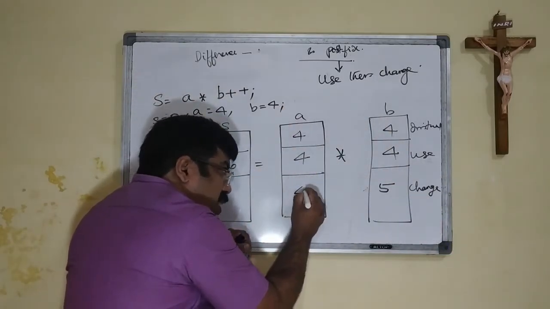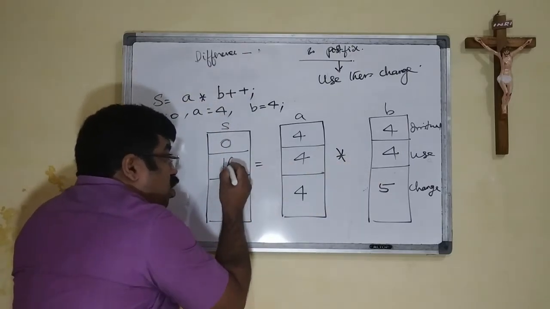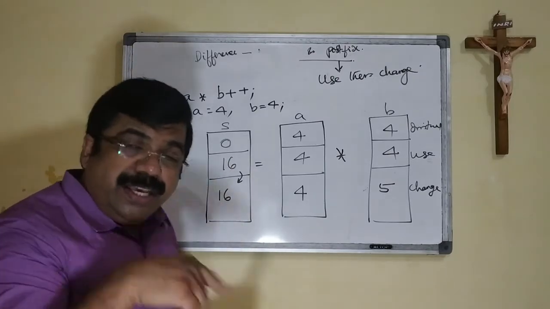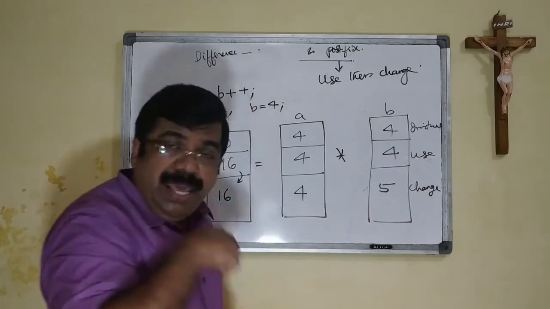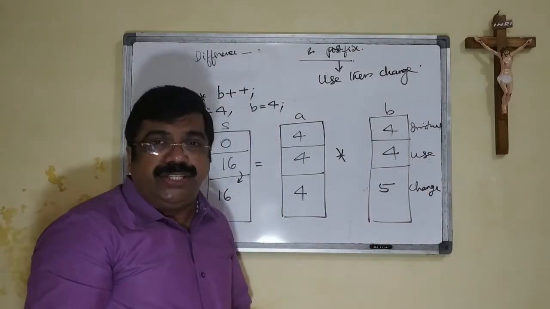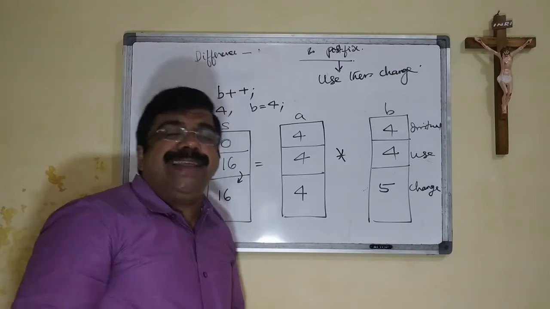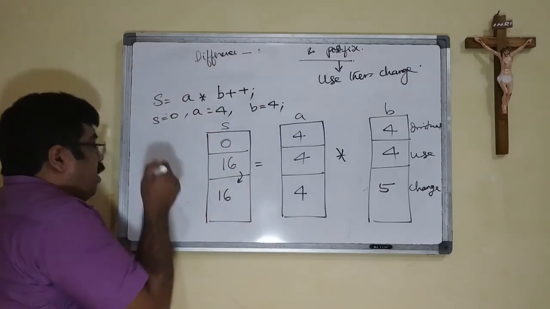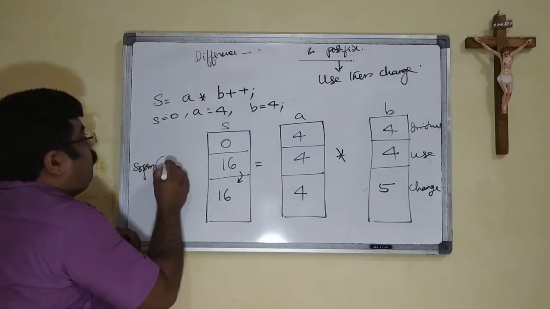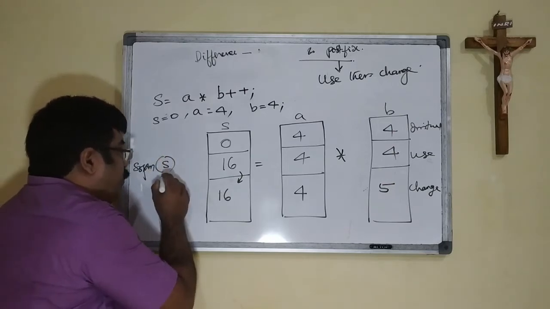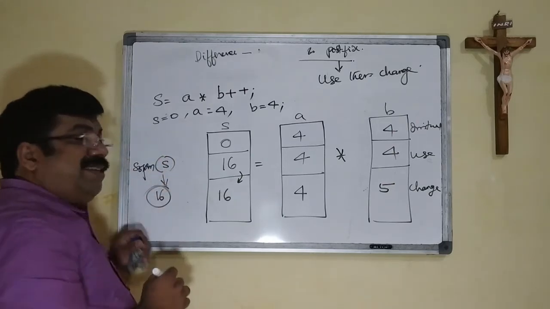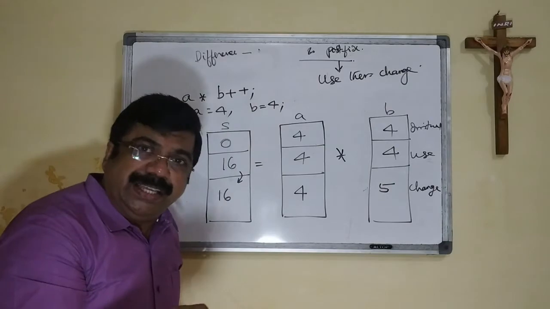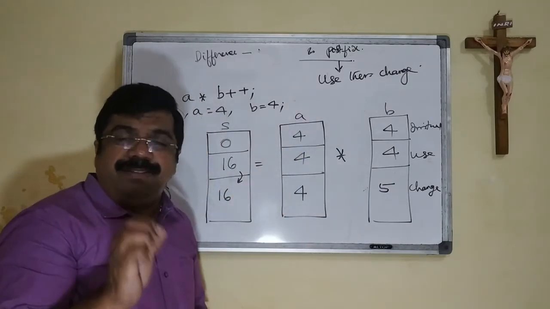This A will remain as it is and the result will remain unchanged, because it is already used, then it is changed. It will not affect the final result. If you give SOPLN S, the value of S will be printed as 16 only, because the expression was calculated first, then only the variable was changed.